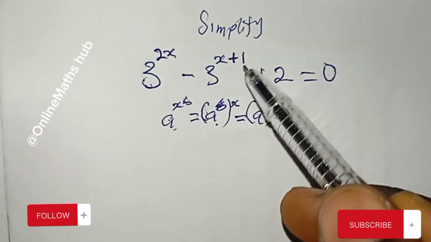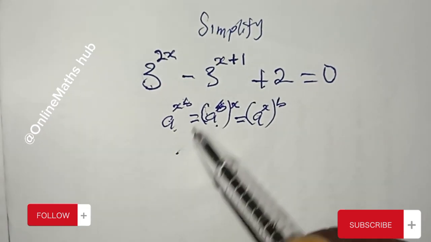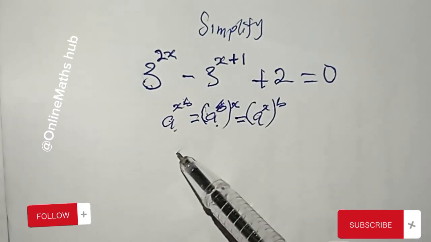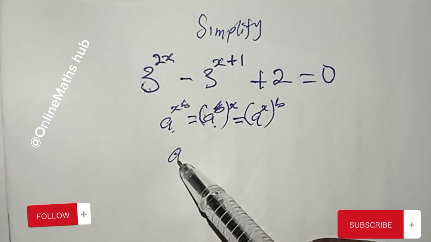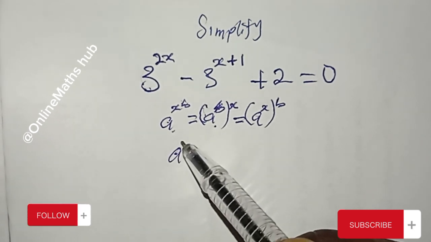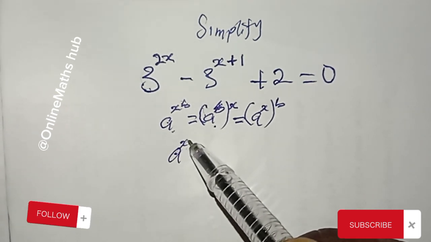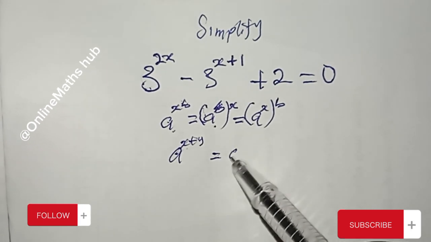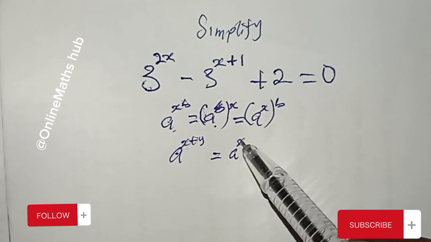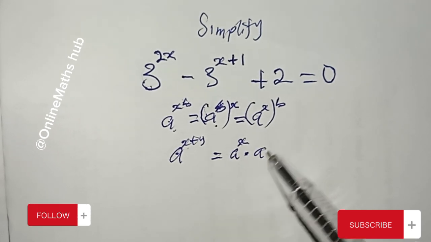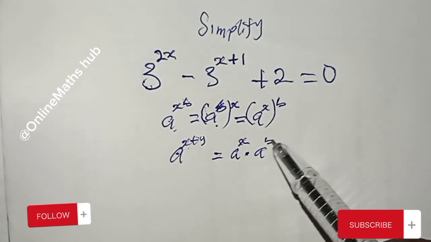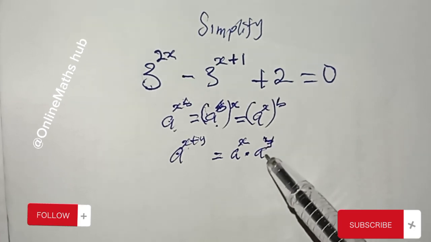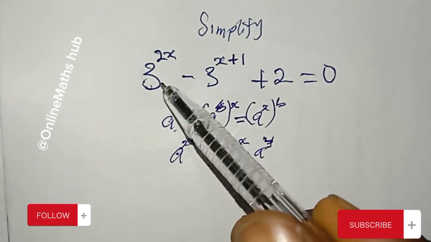For the second one, I'm also going to be using another rule of indices, which basically says that if you have a^(x+y), this is also equal to a^x multiplied by a^y. These are the rules I'm going to be using to simplify this.